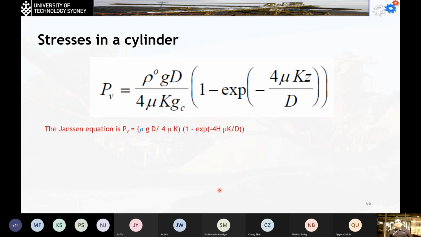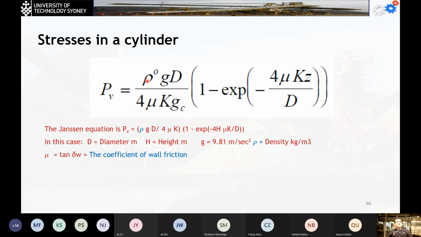The definitions of the parameters are: D is the diameter, H, or Z here, is the height of the silo, g is 9.81, rho is the density in kilograms per cubic meter, and you can find that from the material charts.